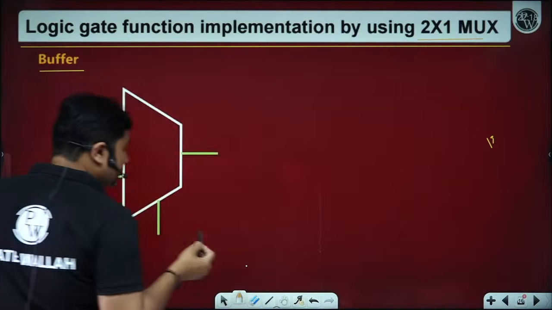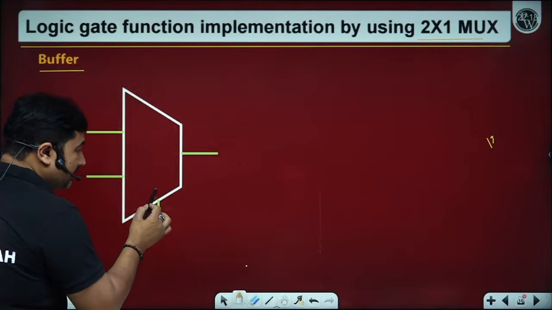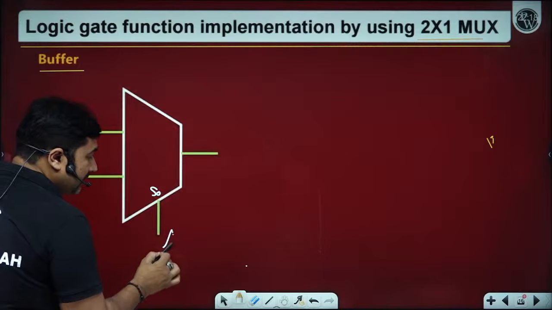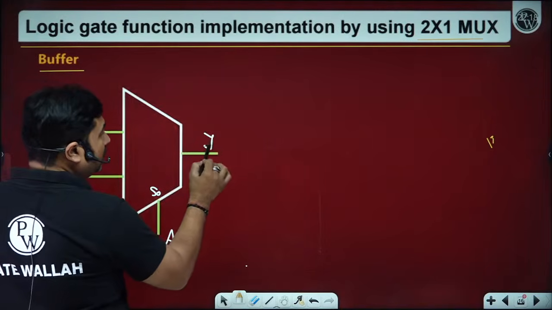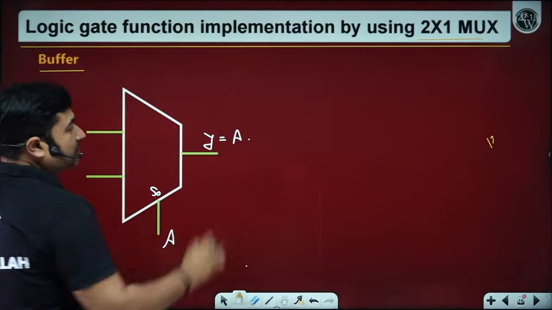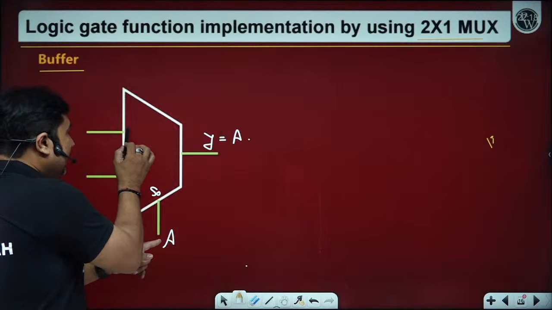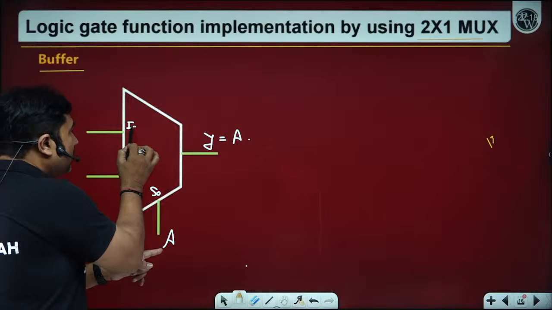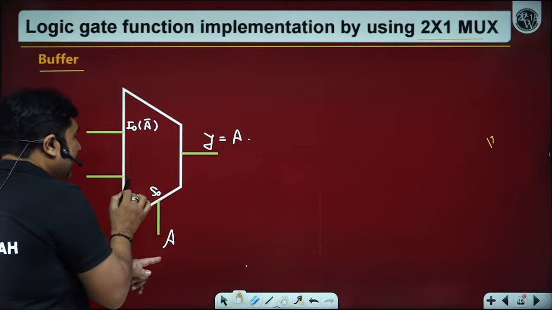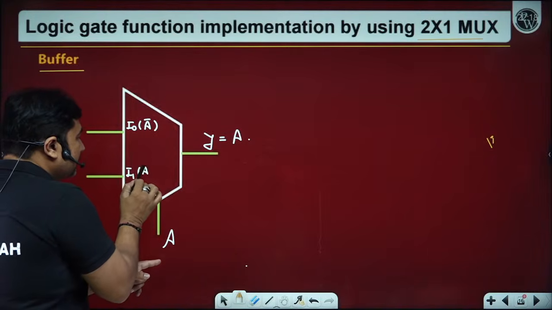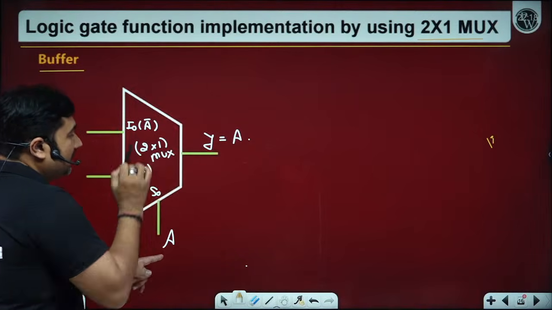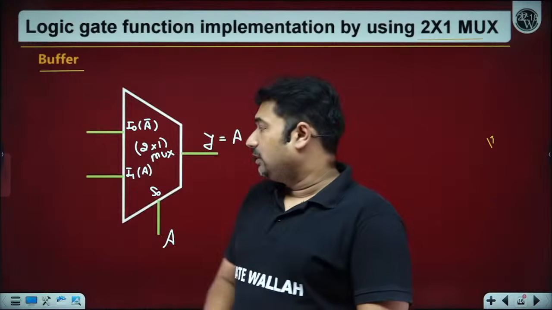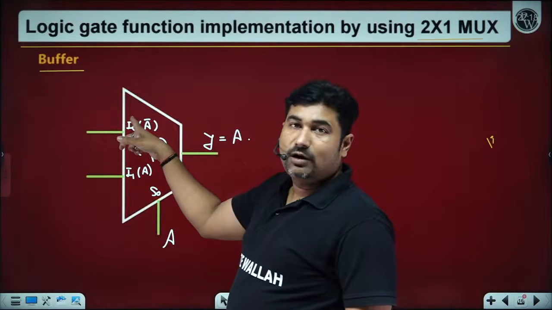Now please observe. I am keeping the variable A onto the select line. What output do we want? We want output Y equals A. Because of the select line action, we know at the I0 pin we get A bar and at the I1 pin we get A. The select line will operate here as S0 and complement S0.